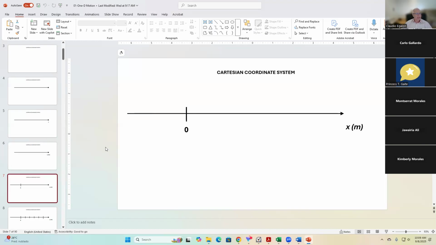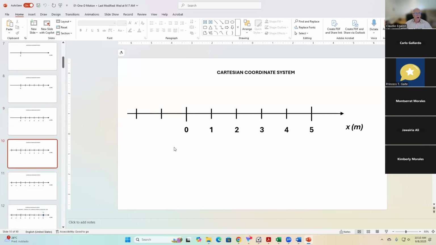Then we have the different positions: 1 meter, 2 meters, 3 meters, 4 meters, 5 meters, just like a ruler. To the left of the origin, we have the negative positions: -1, -2, -3 meters, and so on.